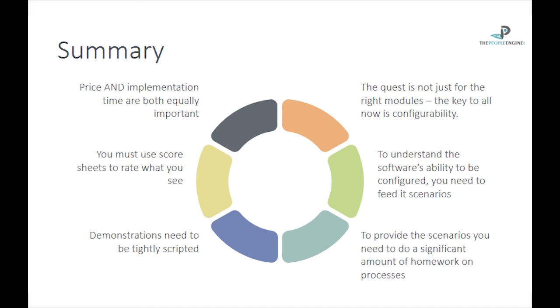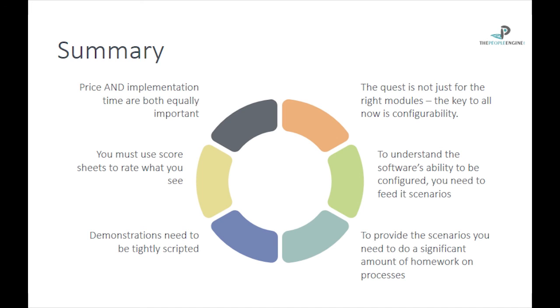So, in summary, price and implementation time are very important, both equally important almost in this day and age. Implementation times in olden times, 10 years ago, were very, very long. Now, you can get a piece of software, your HR software, rolled out in 6 weeks or less, if you're very organized.